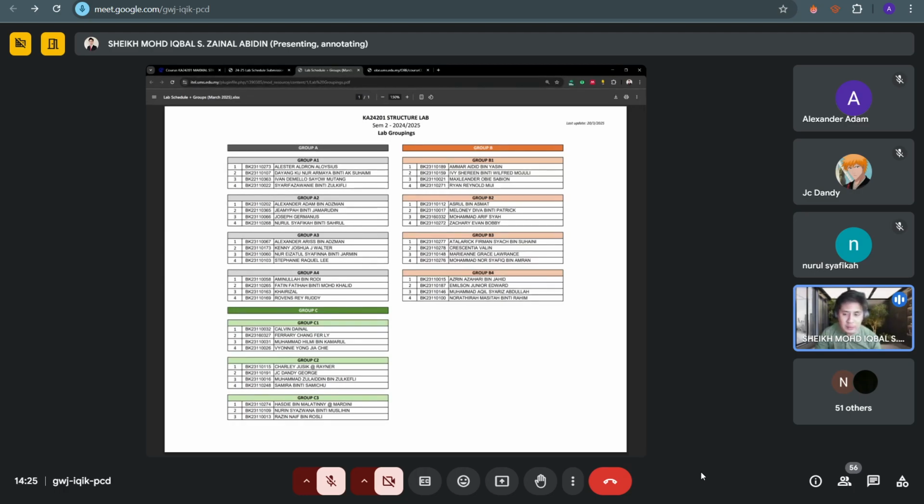Class rep, compile all the names of the students who are not in any groups and send them to me. So check this and make sure that you are in a particular group. If not, let your class rep know, and then the class rep will compile all the names and give them to me. Then I will add you to an appropriate group: Group A, Group B, or Group C.